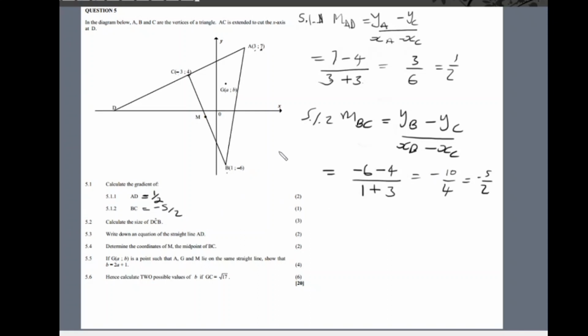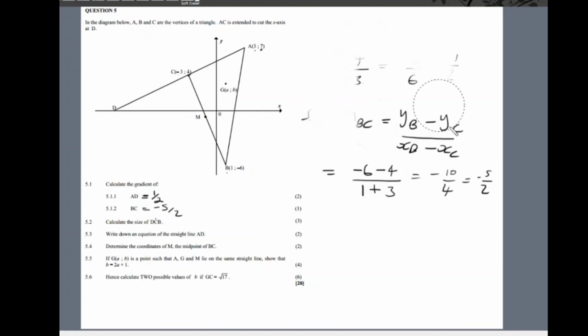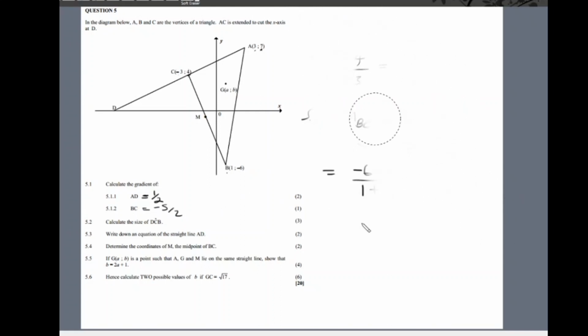So now we move on to question 5.2. They want us to calculate the size of the angle DCB. So the angle DCB is this angle here.